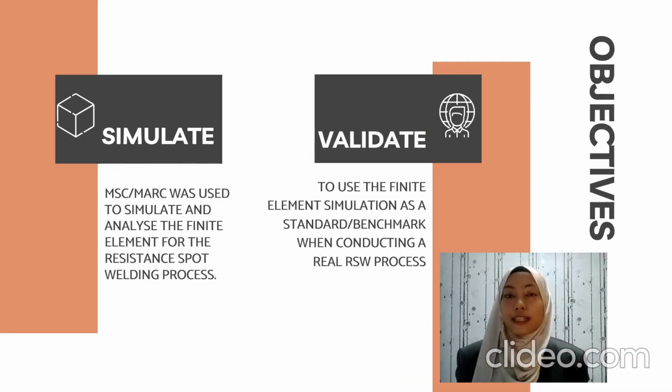The purpose of this research is to use the MSC Marc Mentat software to simulate the finite element for the spot welding process, as well as to use it as a benchmark or standard or guideline when performing a real resistance spot welding process in the future in order to improve the accuracy of the finite element simulation.